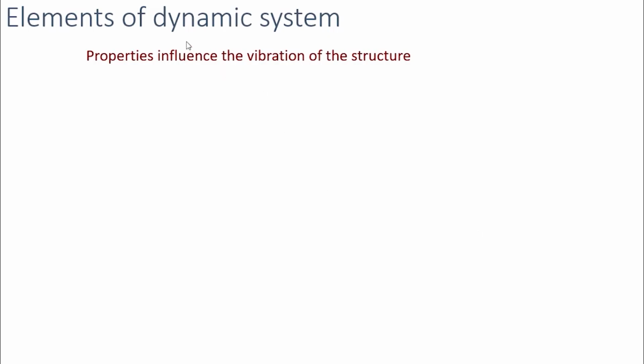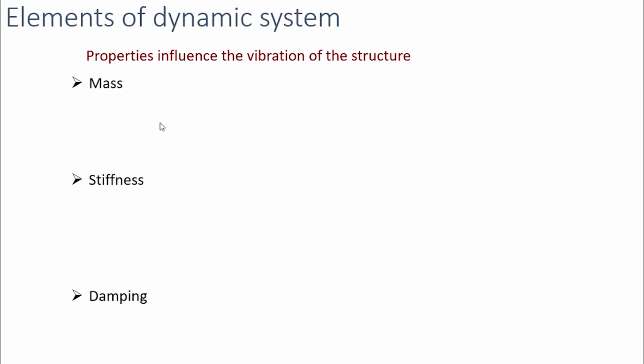Now let us see the elements of a dynamic system. By elements, I just mean the properties that influence the vibration of the structure. What are the properties which affect the vibration of the structure? They are mass, stiffness and damping.